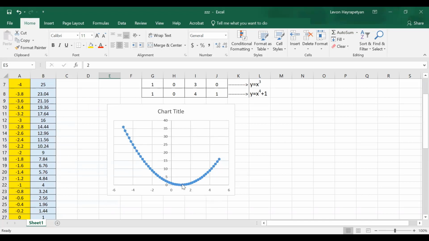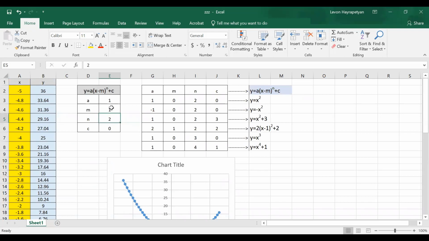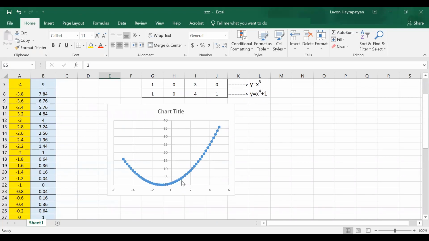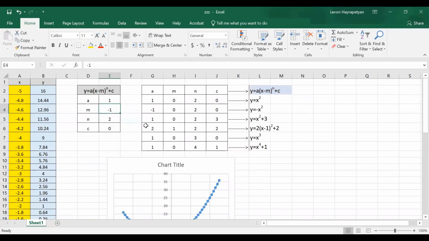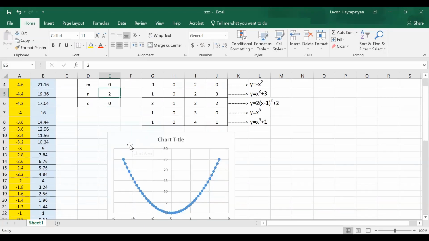Now it starts right here. Don't pay attention to this because we didn't generate values for more than 5. That's why this part is missing, but this is the parabola. If I do negative 1, it will be shifted left by 1 unit. Let me go back to 0. This is y equals x squared.